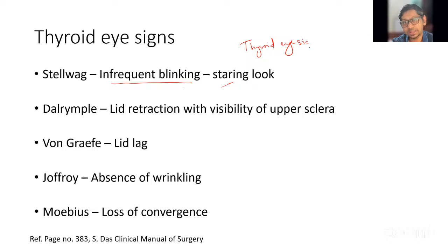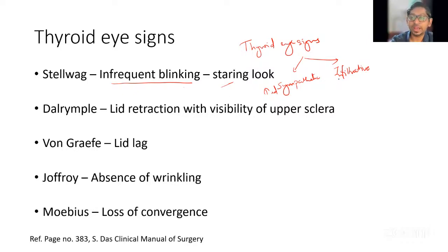If you look at thyroid eye signs itself, you can broadly classify them into 2 different categories. One is infiltrative eye signs, and the other types of eye signs are because of increased sympathetic activity. So this is how you can broadly classify thyroid eye signs.